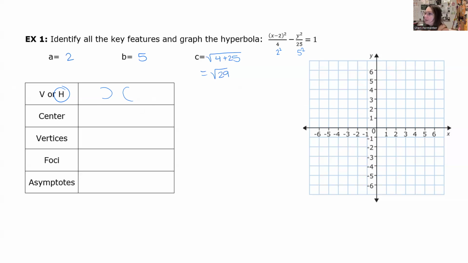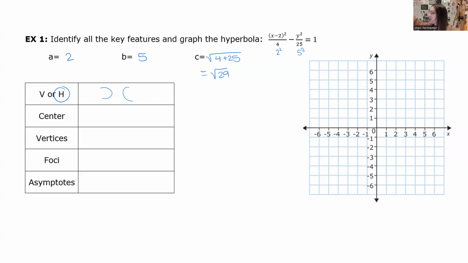So if we were graphing, or if we were taking the test without a calculator, the square root of 29 is in between two perfect squares, where it's in between the square root of 25 and 36. So the square root of 25 is 5, and the square root of 36 is 6. So it's a number between 5 and 6. Is 29 closer to 25 or closer to 36? 25.